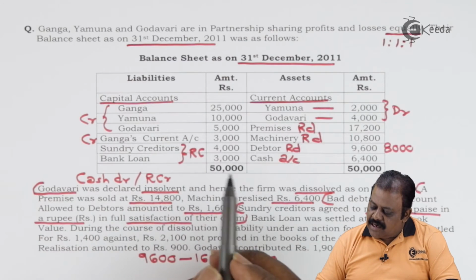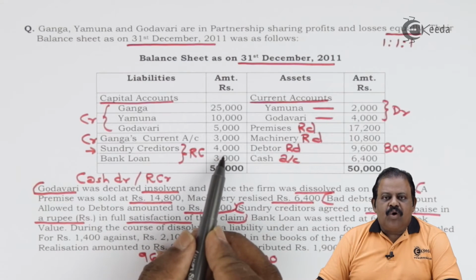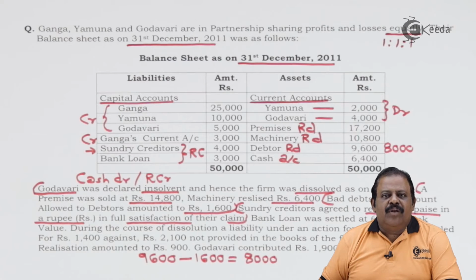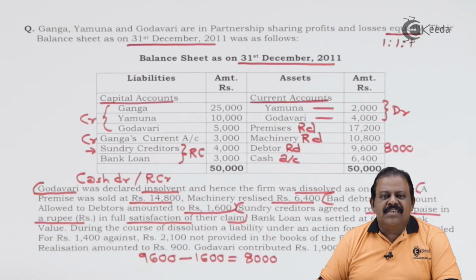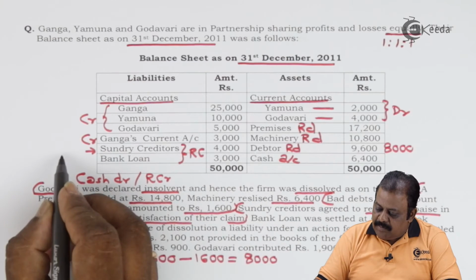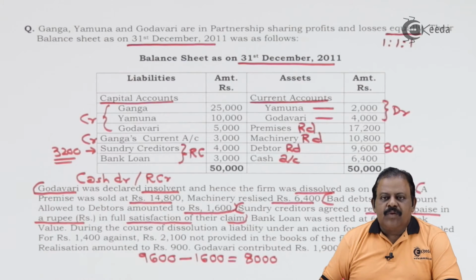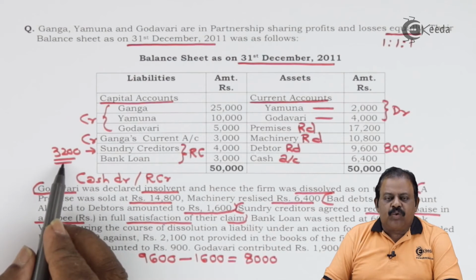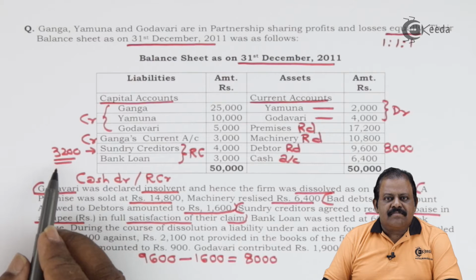So the creditors' amount here is 4,000. Of this, 20% will be given as discount. So 4,000, 20% is 800. So the actual amount paid to creditors will be 3,200. We have to record the entry only for 3,200. Cash will be credited, realization account will be debited.